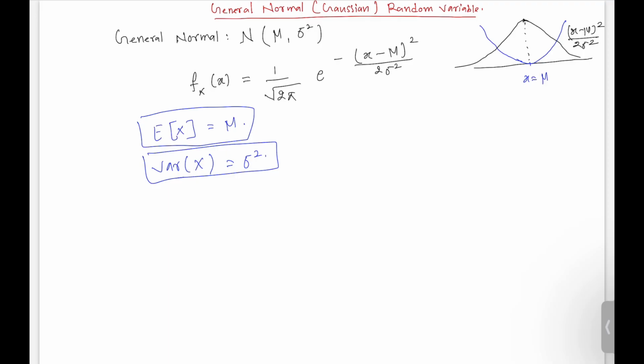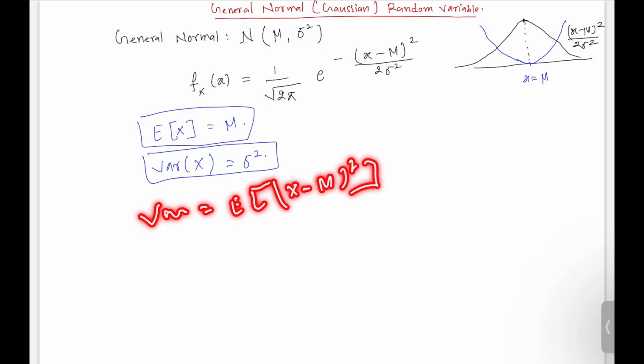And this is reflected in the variance being sigma square. What is variance? Variance is the expected value of the squared distance from the mean, right?